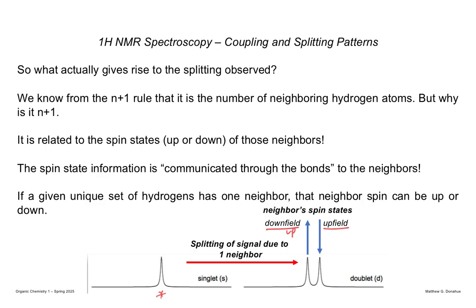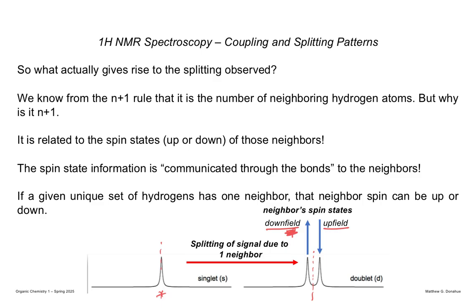I don't want to get these ups and downs mixed up. So the spin that is aligned is downfield. The spin that is opposed is upfield. So notice what I said about chemical shift, like this line here. It's like you're taking that line and you're sort of ripping it apart.